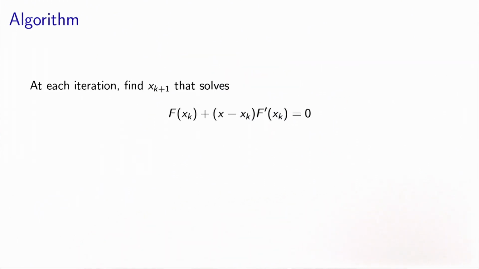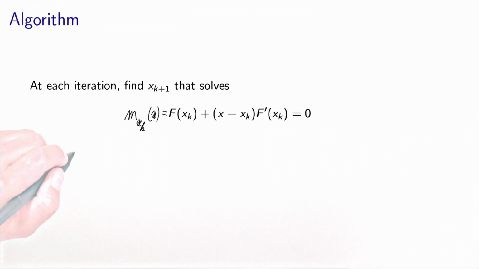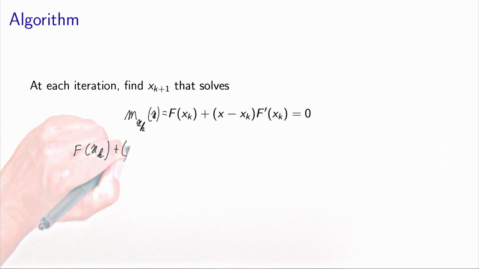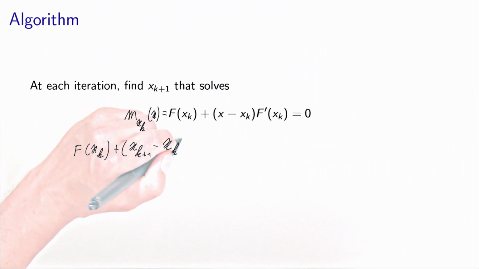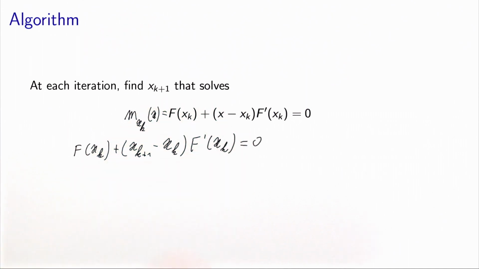So the idea of the algorithm is that at each iteration, the next iterate solves the equation that says that the model around xk of x is equal to 0. So let's do this. It means that we have f of xk plus xk plus 1 minus xk times f prime of xk equals 0.